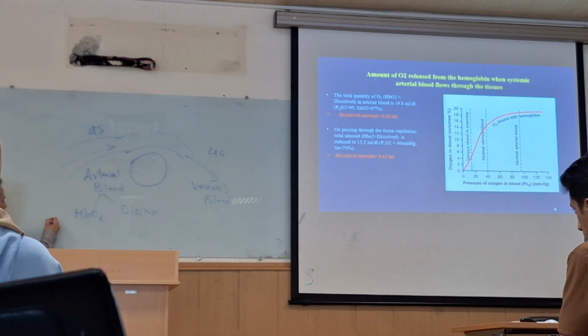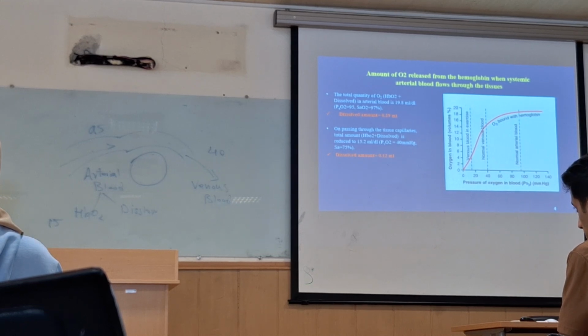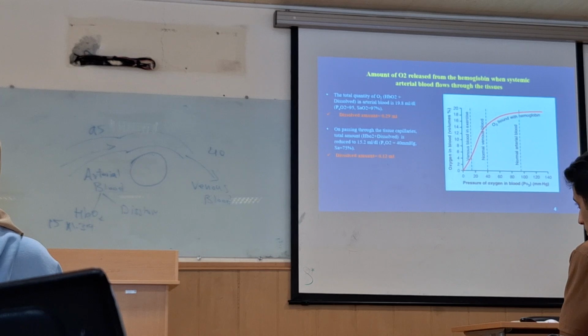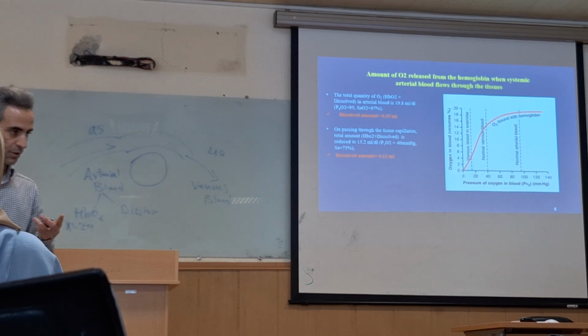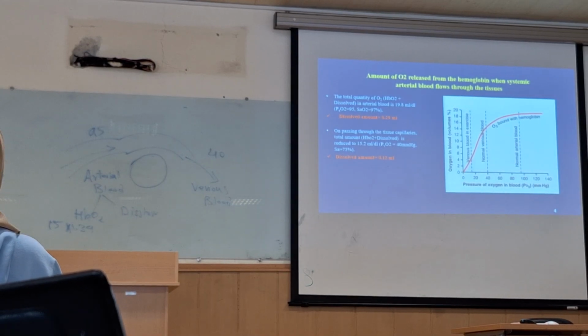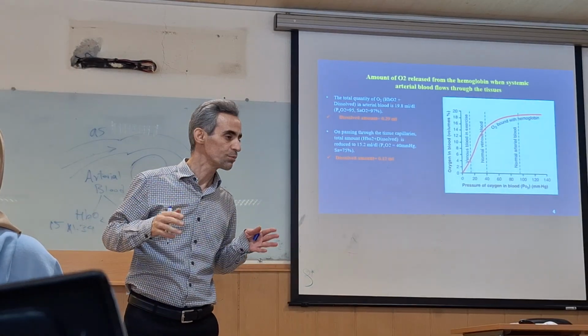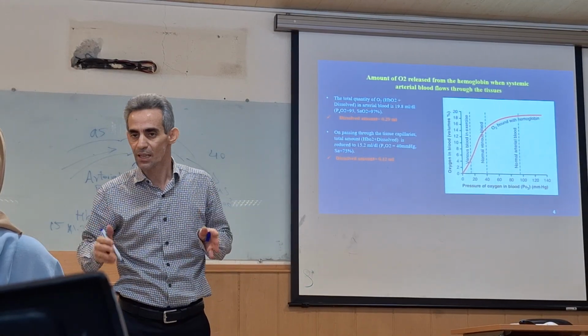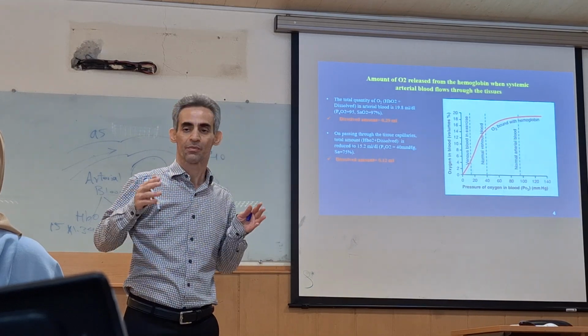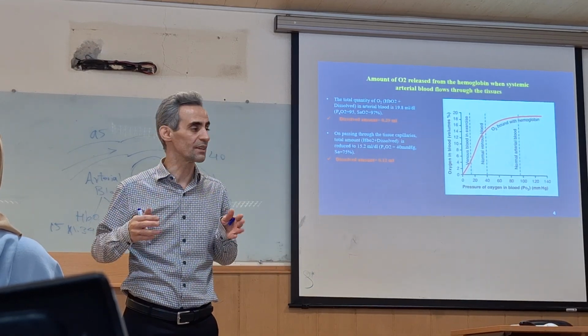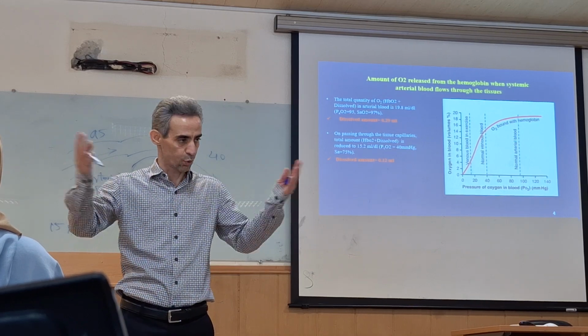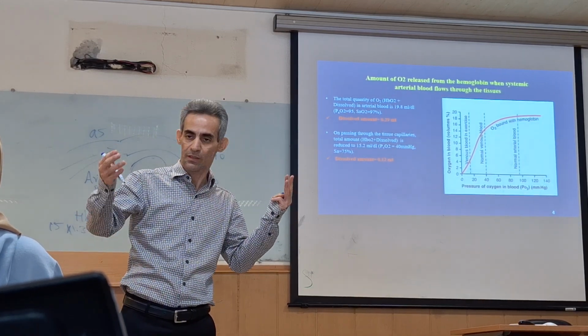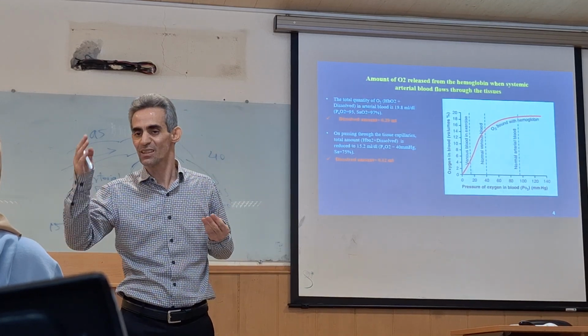You know that we have 15 gram of hemoglobin. Each gram can bind 1.34, and you should know that in arterial blood under normal physiological conditions, only 97% of the hemoglobin is bound by oxygen. The saturation in arterial blood is not 100%, not total; 3% is less than total and it is 97%.